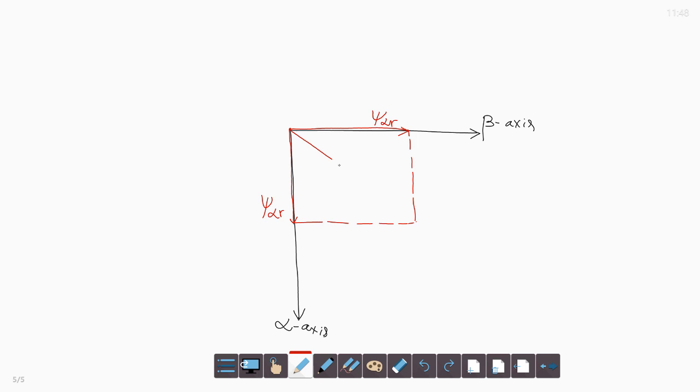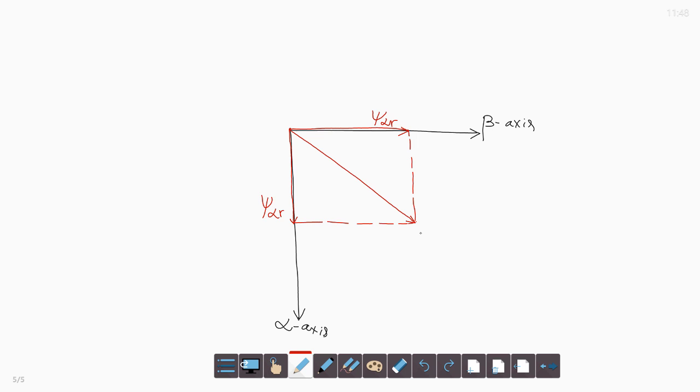These are the components of rotor flux psi r, and in vector control the entire rotor flux should be along the d axis, no flux along the q axis.